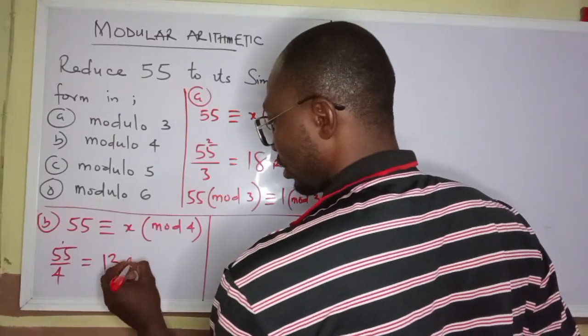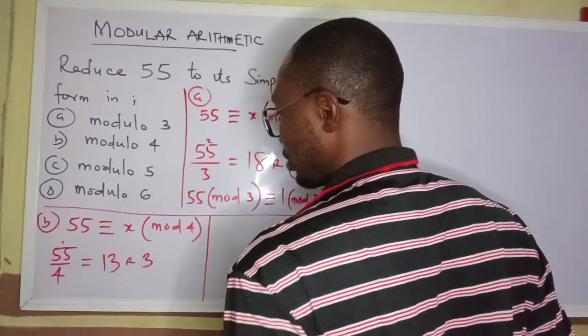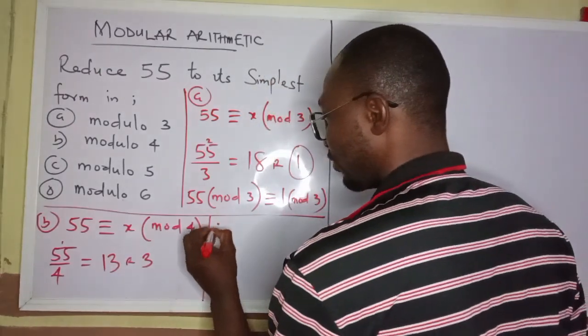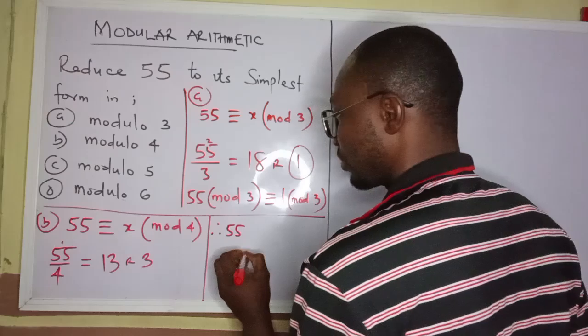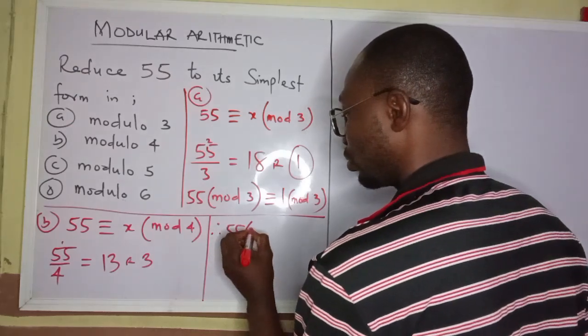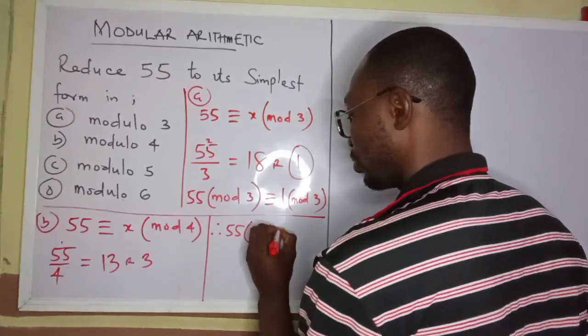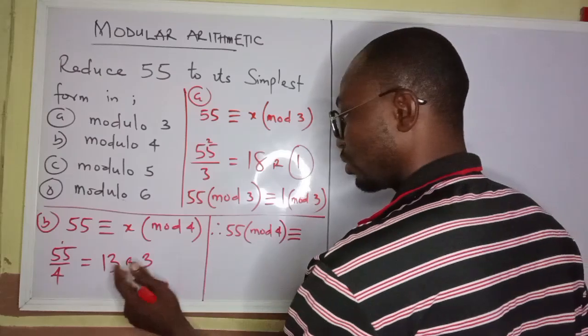So we have remainder 3. Therefore, 55 in modulo 4 is equivalent to 3.